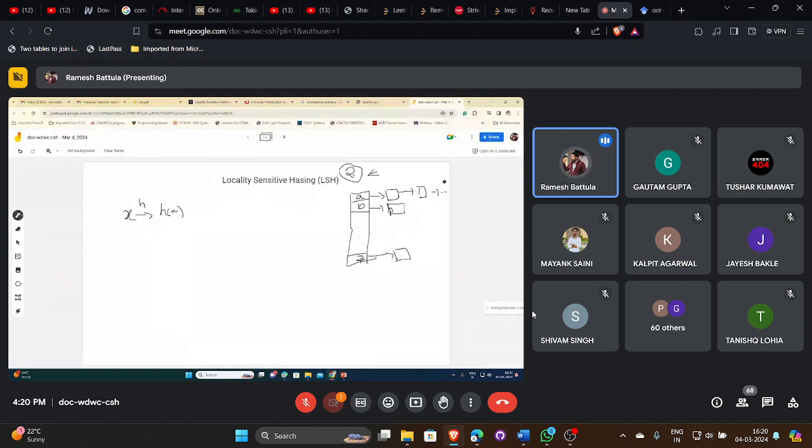But in the opposite way, we will use hashing for locality sensitive hashing.